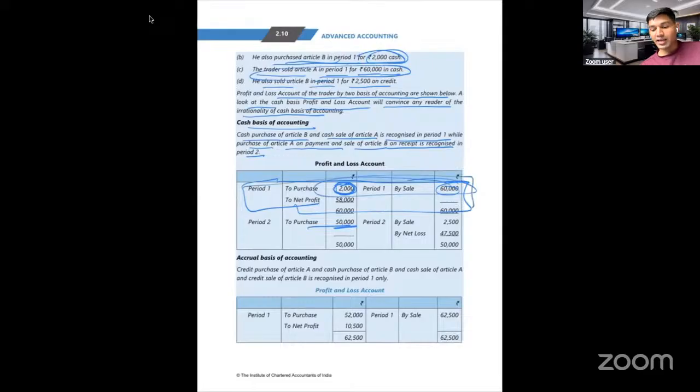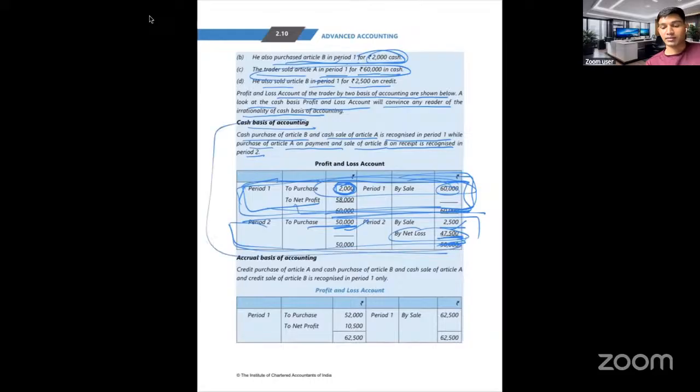So this is on cash basis and this is on accrual basis. So here the purchase, the sale of 2,500, the net profit will be 10,500 on accrual basis. Whereas on cash basis, we can see it is nullified. There is no profit, no loss in this situation.